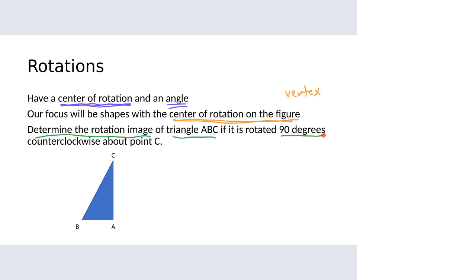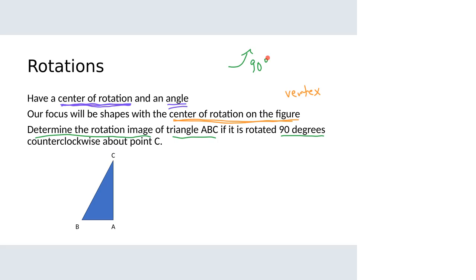Okay, well, 90 degrees is fine, but am I going this way or am I going this way? I don't know yet. All right, that's where this counterclockwise comes in. Counterclockwise tells us we're going opposite the way that a clock would go. So we're going this direction, and we know we're going 90 degrees.